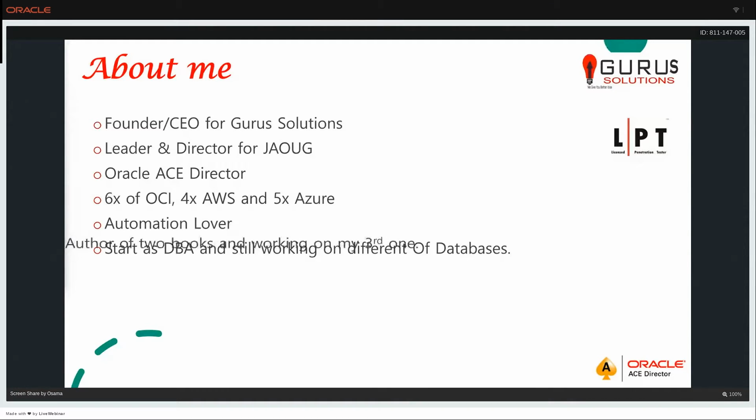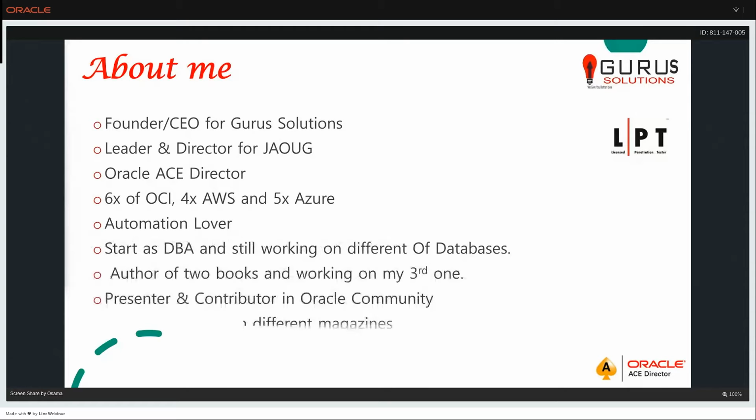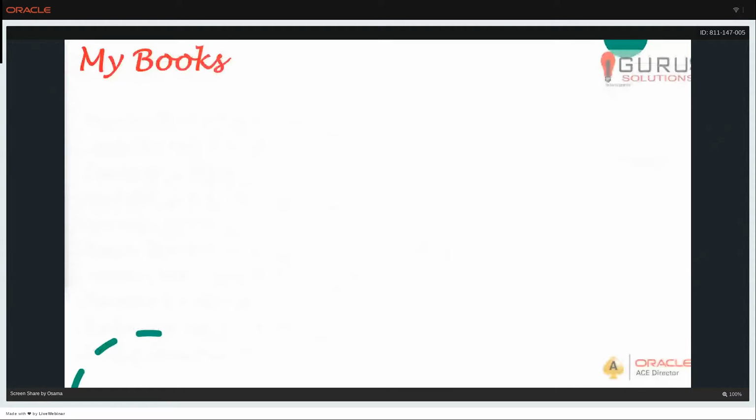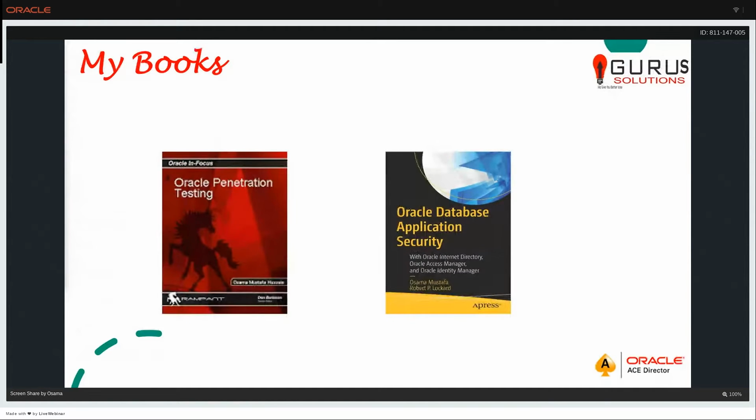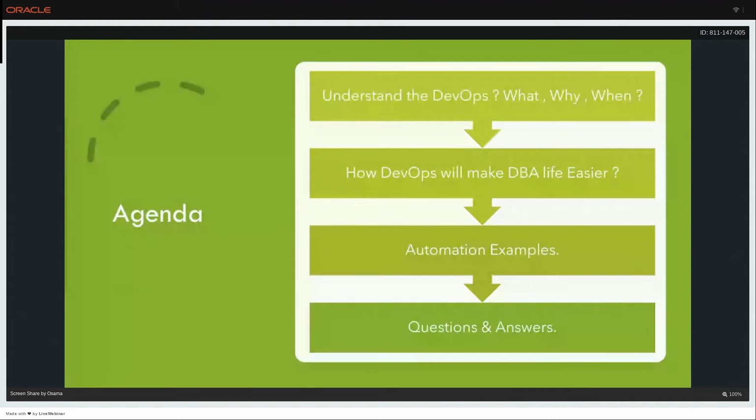I'm the author of 2 books, a contributor in the Oracle community, and a blogger. These are the 2 books, both related to security, and now I'm working on the 3rd one that's related to the cloud.